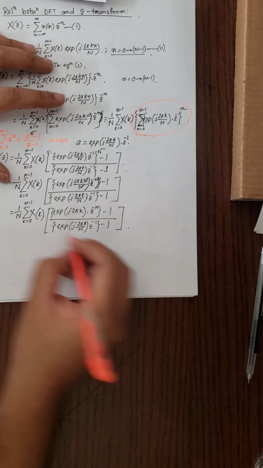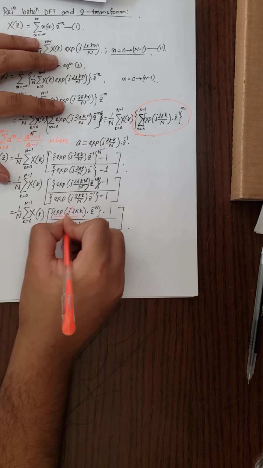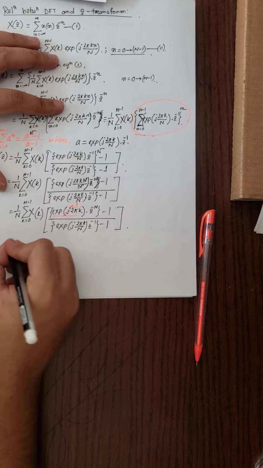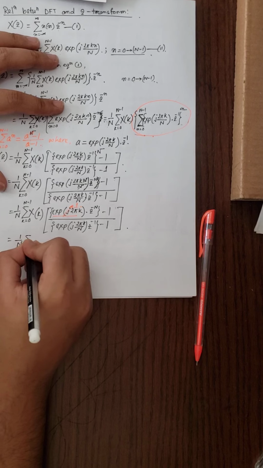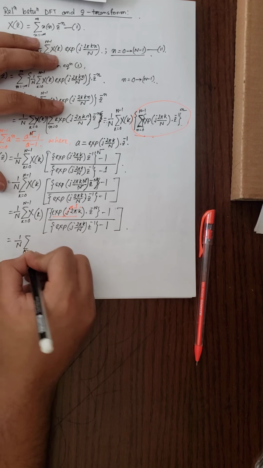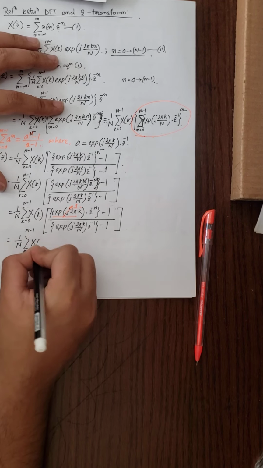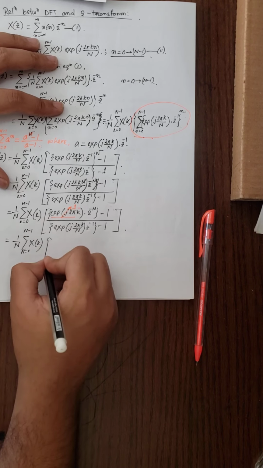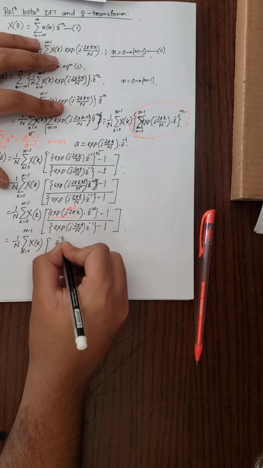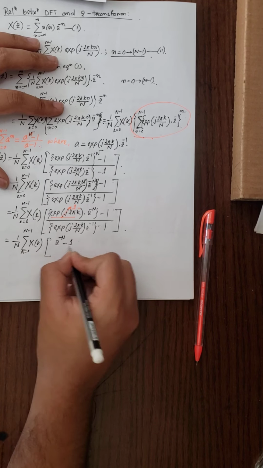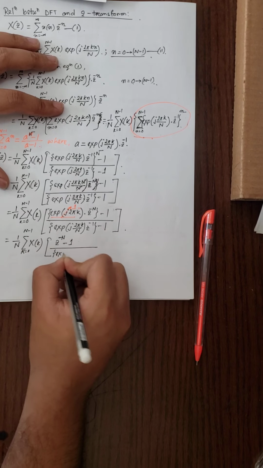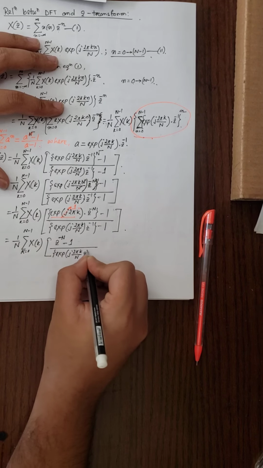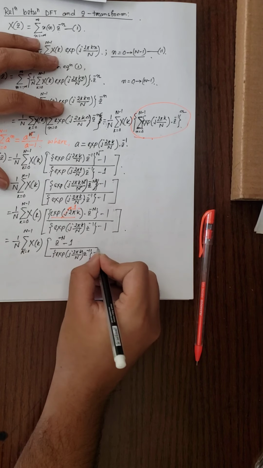Now, I have told this hundreds of times, this expression is nothing but equal to 1. So this numerator becomes 1 over N, where k goes from 0 to N minus 1, X of k, z inverse N minus 1 over e to the power j twice pi k over N z inverse minus 1.